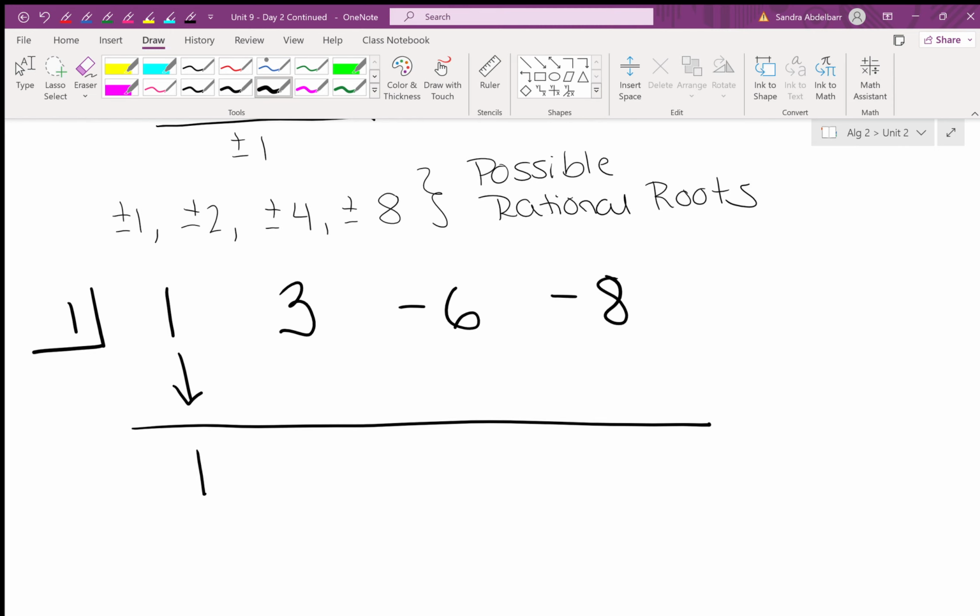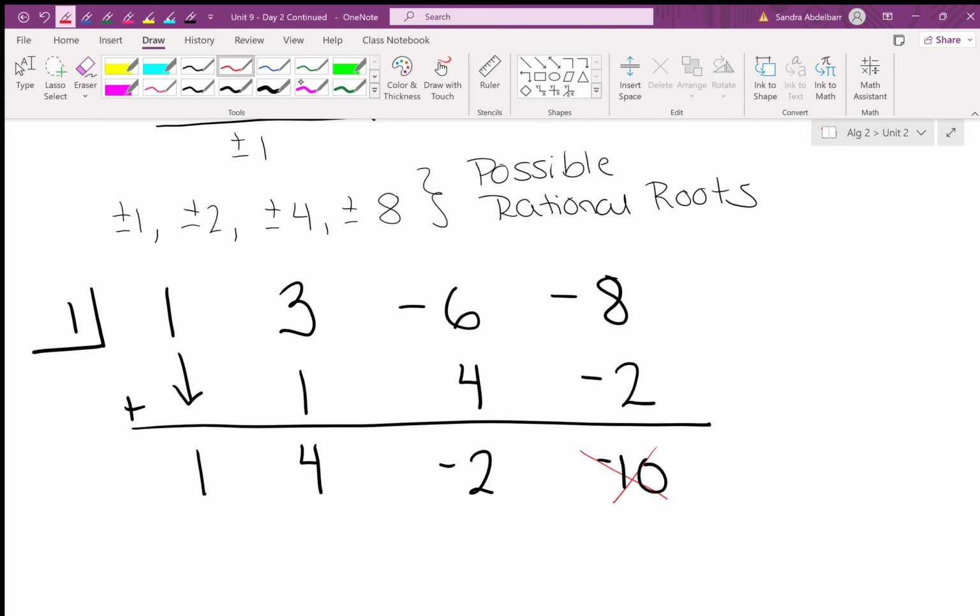Bring down the 1. 1 times 1 is 1. 3 plus 1 is 4. 4 times 1 is 4. -6 plus 4 is -2, times 1 is -2, -8 plus -2 is -10. Is this a factor? No, our remainder is not 0.